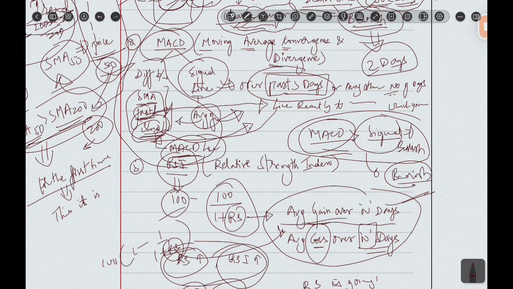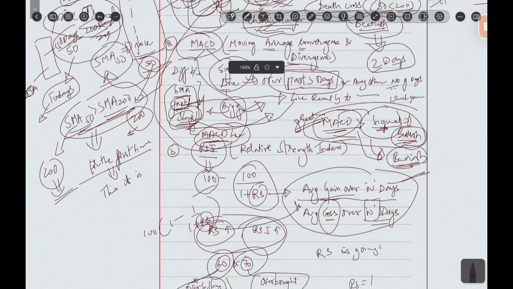If that is the case, and also if the MACD line and the signal line are showing greater divergence, then it's considered a bullish trend. The opposite is true for a bearish trend.